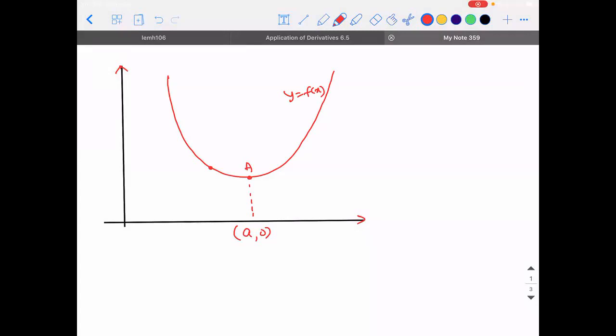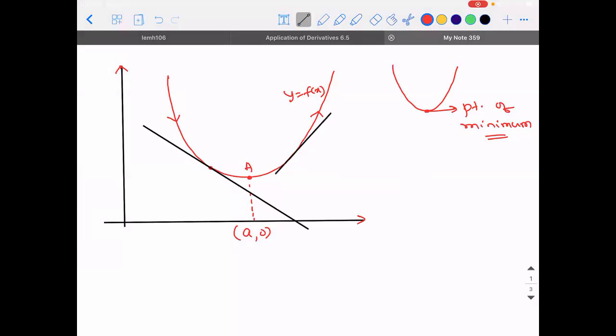Can I say that the function is decreasing and then increasing? So when this is happening, can I say this is the point of minimum? It is a point of minimum, right? At the point of minimum, if you try to draw a tangent to the curve anywhere on the left of it, and a tangent to the curve anywhere on the right of it, observe this carefully.